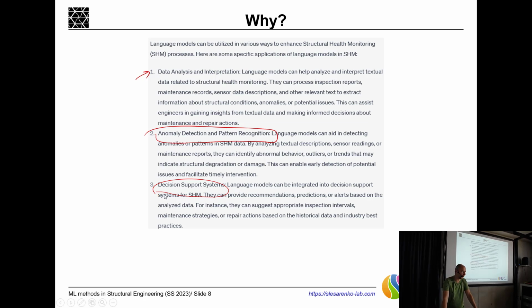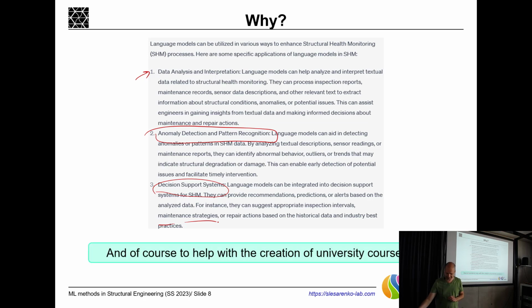It's really also a sort of analysis of the data, but in this case maybe a more complex analysis of the whole data together, not only sensors but also the text and different documentation, maintenance strategies, whatever, so protocols. And finally, of course, to help with the creation of university courses. So it allows me to write that and discuss in detail what ChatGPT suggests as a good application for language models.